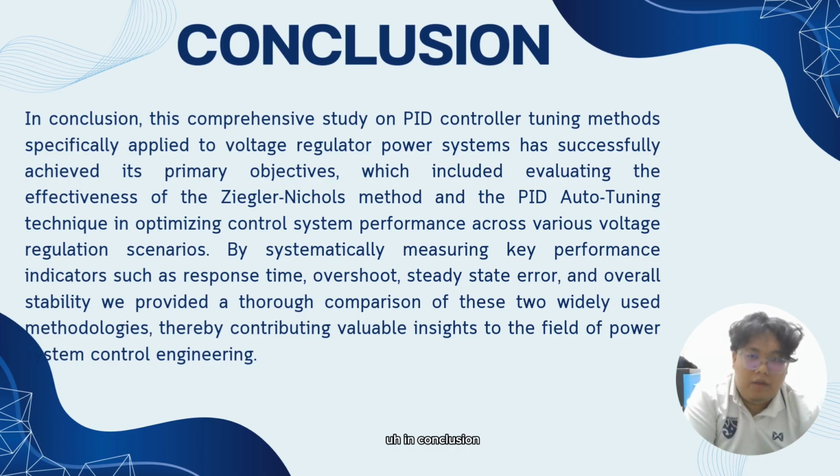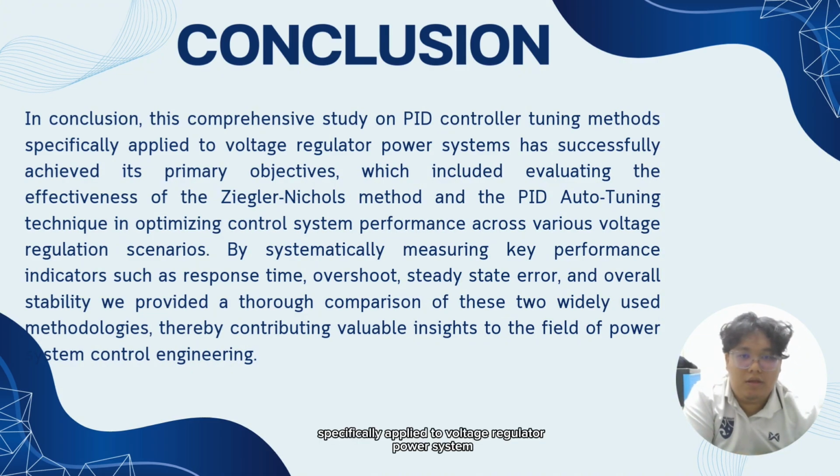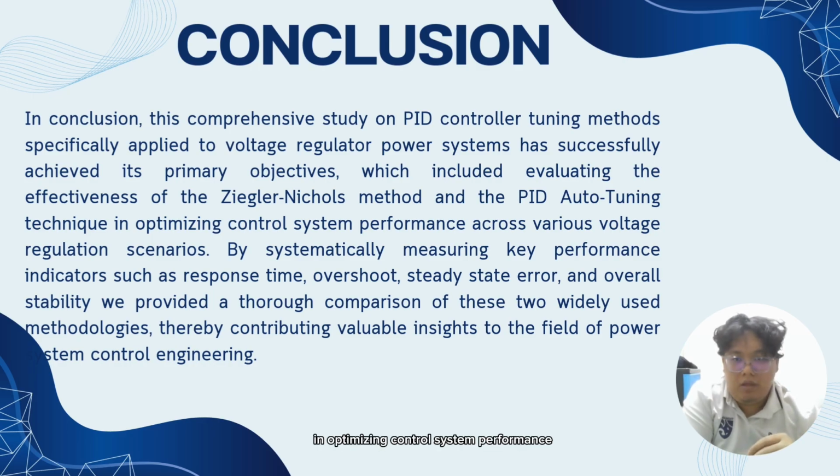In conclusion, this comprehensive study on PID controller tuning methods, specifically applied to voltage regulators in power systems, has successfully achieved its primary objective, which includes evaluating the effectiveness of the Ziegler-Nichols method and the PID auto-tuning technique in optimizing control system performance across various voltage regulation scenarios.